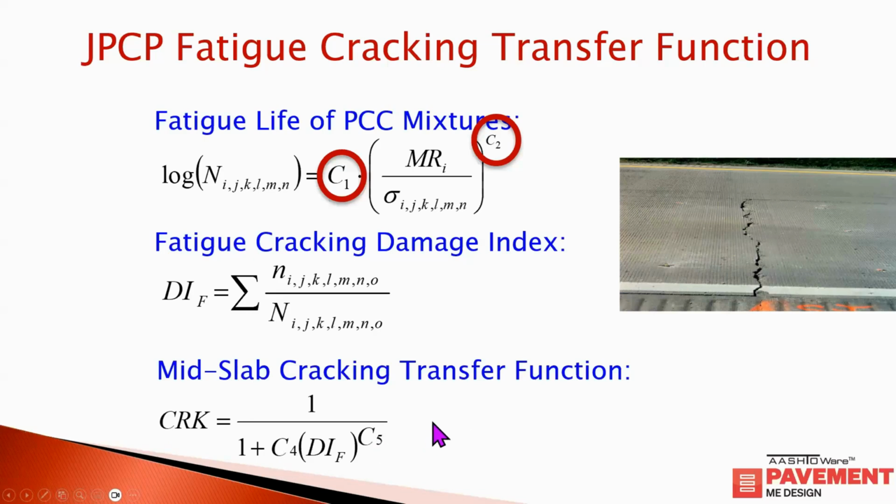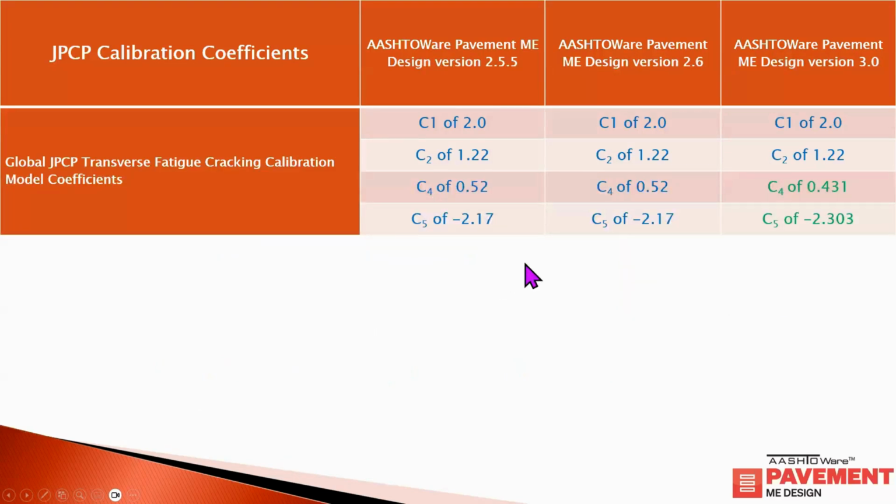As I mentioned before, as you're going through an optimization of coefficients, generally always start with the transfer function, and then possibly you can work back and look at the coefficients for the damage accumulation model. And the current coefficients, as I mentioned, came from a global calibration with the 3.0 version.